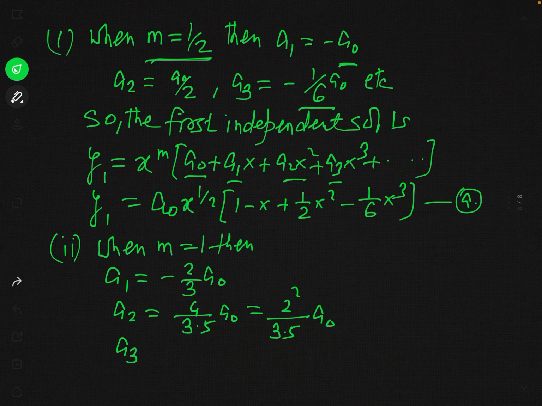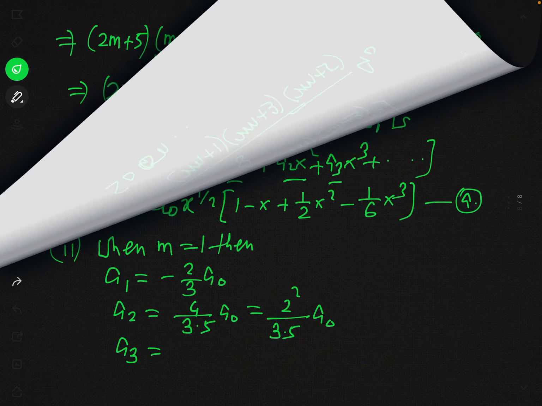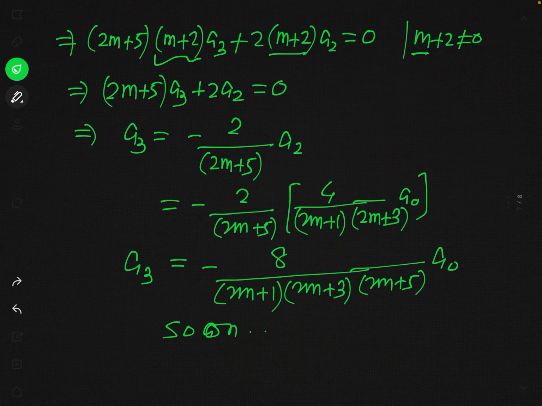Similarly, you can find the value of a3, and for this you can see this value of a3. Here m will be 1, m will be 1 and m will be 1. So this is 2 plus 1, 3, this is 2 plus 3, 5, this is 2 plus 5, 7.